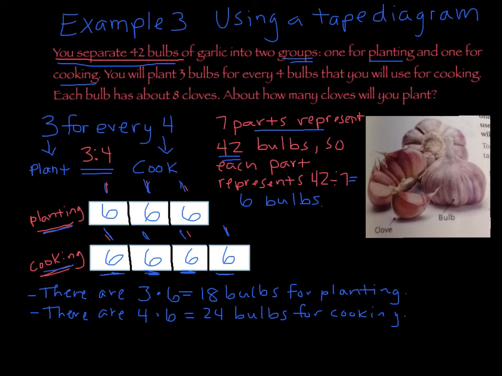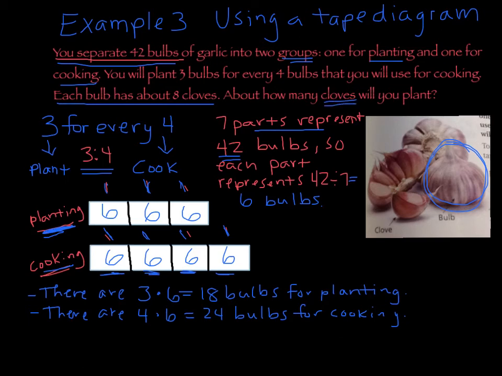Okay, so we've got 24 bulbs for cooking, and the group of 18 bulbs is for planting. I'm going to go back up here and show you, each bulb has about 8 cloves. How many cloves will you plant? We're talking about planting, and that's what we're trying to figure out here. Remember, a bulb is this portion right here in my picture, so how many cloves do I have total? That's what the question's asking me.